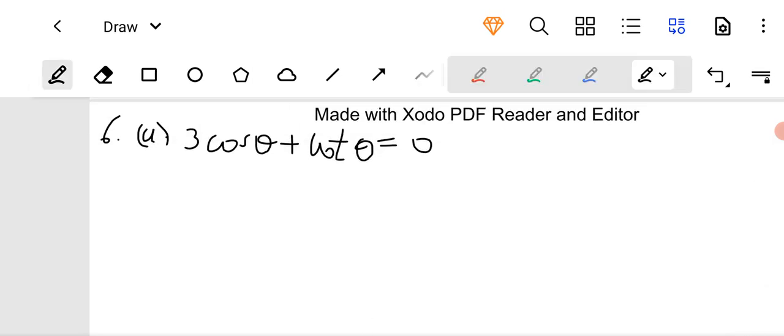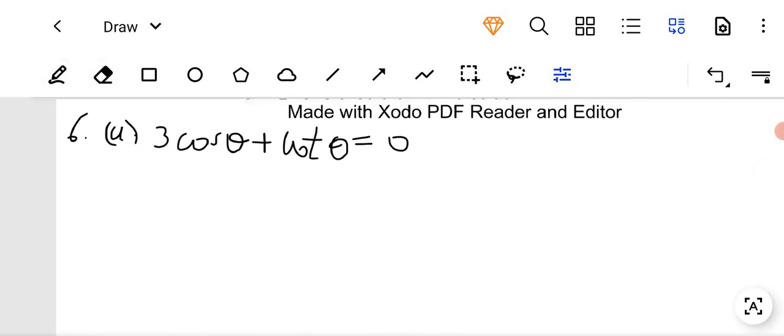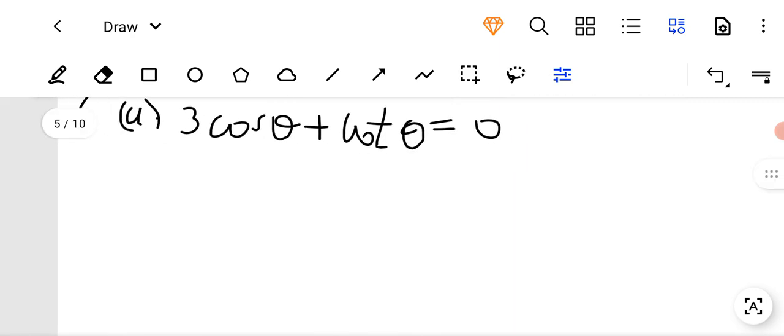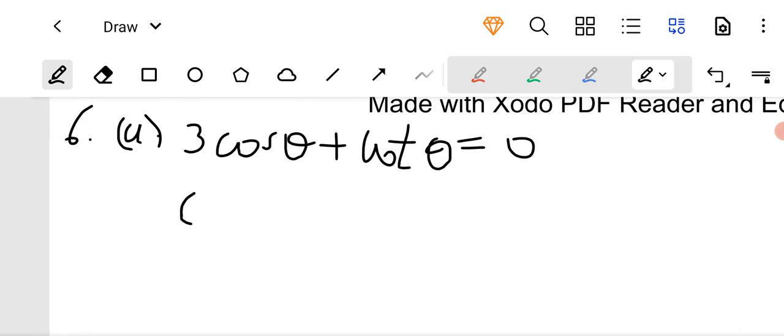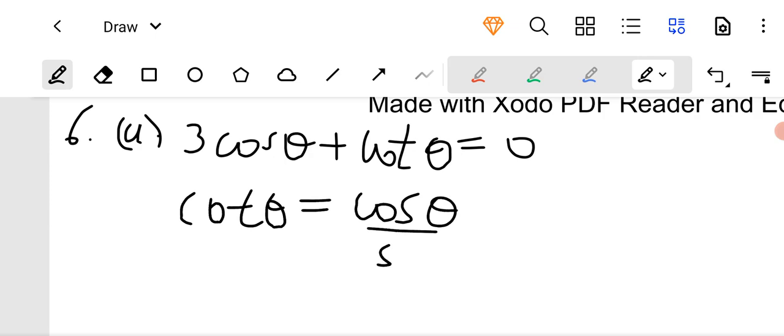Then we need to remember the identity that cot theta is equal to the inverse of tan theta, which is cos theta over sin theta.